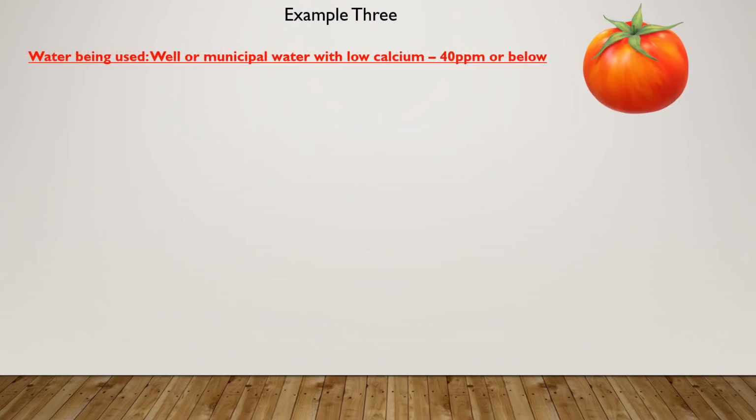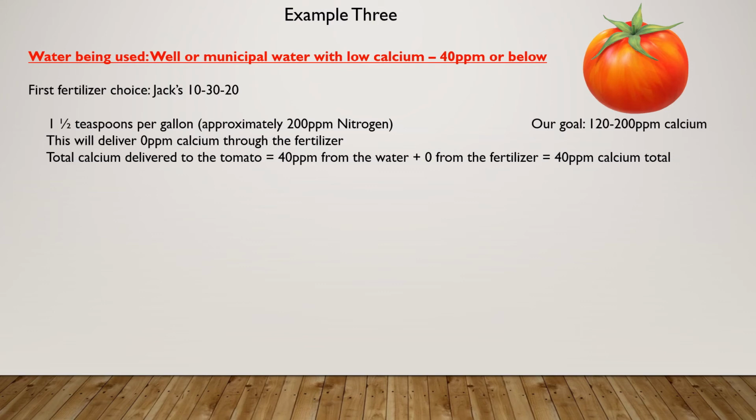We can look at the last example here being a well water that is quite common, a well or municipal water, which might be in a low calcium concentration rating of maybe 40 parts per million or a little lower than that. We'll use the same three examples again. 0 from the 10-30-20, 40 from the water, giving us a total of 40 for the tomato.